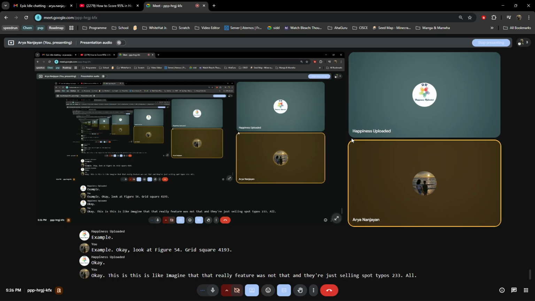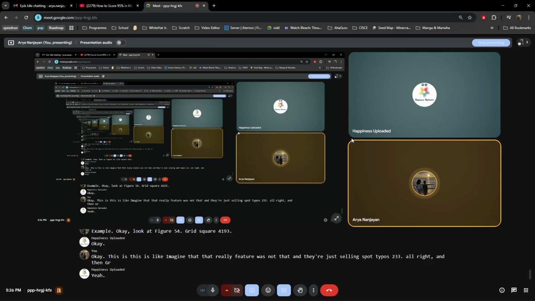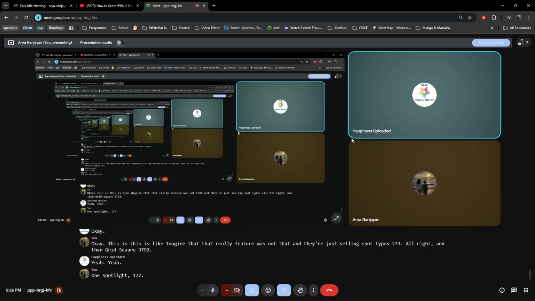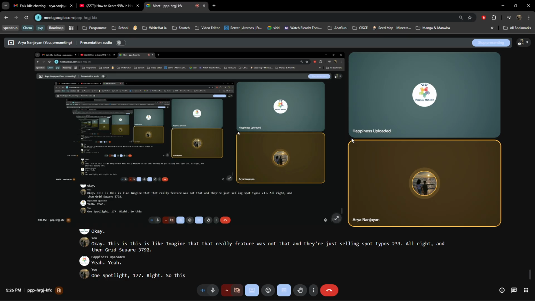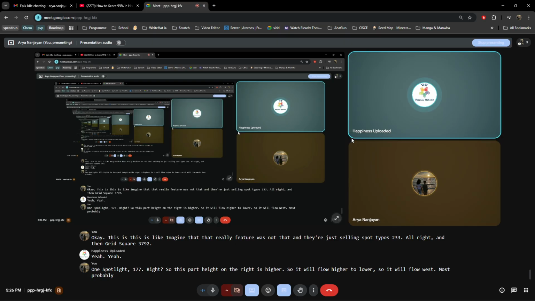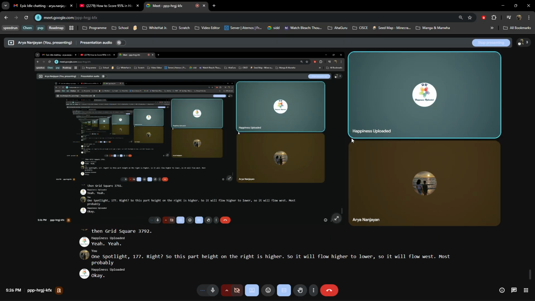Then in grid square 3792, one spot height 177. So the spot height on the right is higher, so it will flow higher to lower, so it will flow west, most probably. Understood.